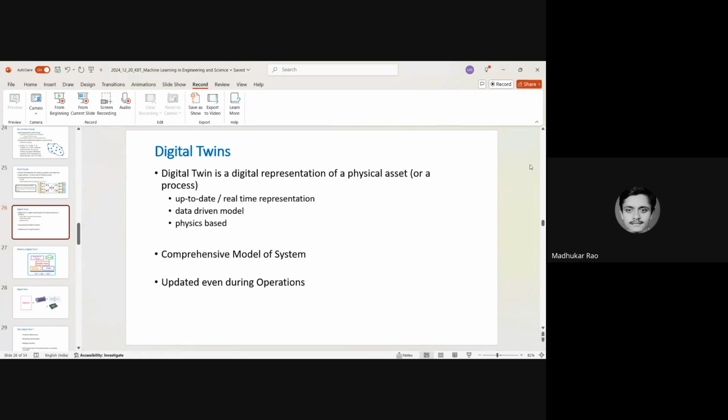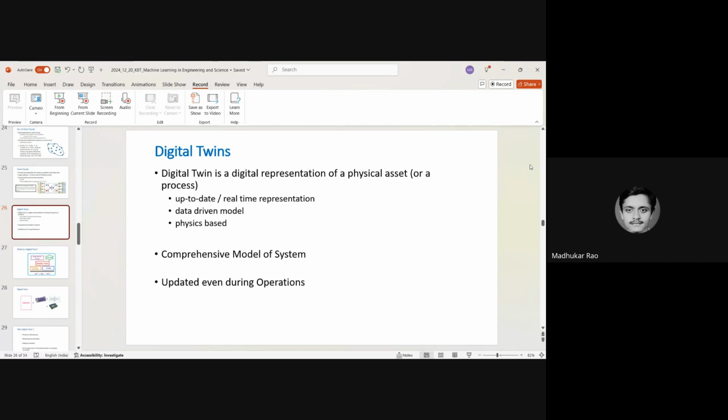Why I'm introducing digital twin here is because it's a very good use case for physics informed machine learning. So a digital twin is a digital representation of any physical asset or any process.